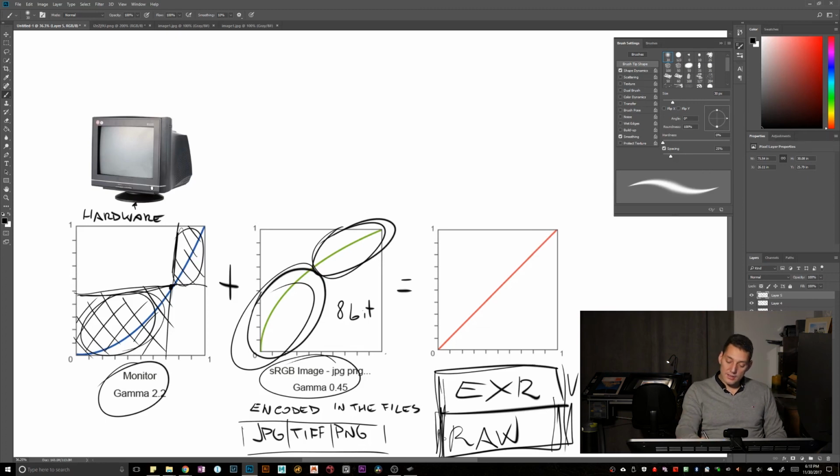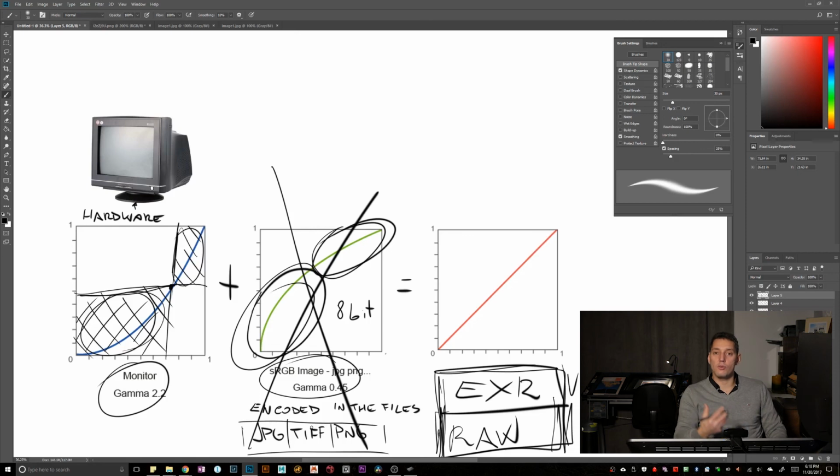Something that I have to say is that these files are linear per se, but the monitor is only 8-bit. So another thing that you need to do now, assuming that this operation is gone because we don't need to worry about encoding the files in a specific standard that does not meet our requirement, because we want more information, and because we don't have this problem with the hardware, we still are limited to the 8-bit output of the monitor, or in the best case 10-bit.